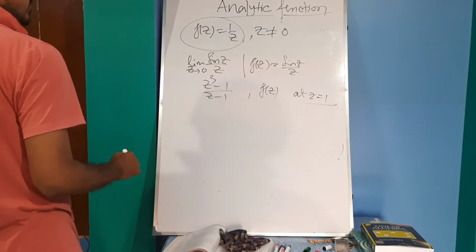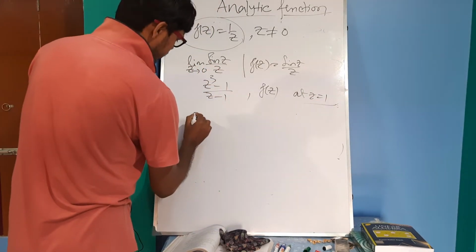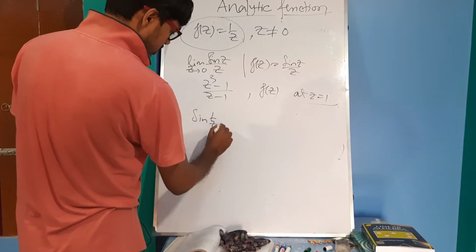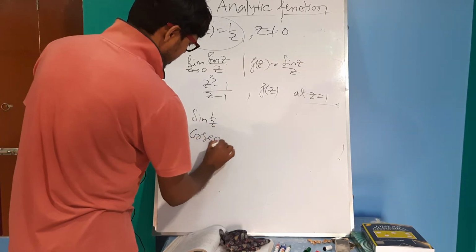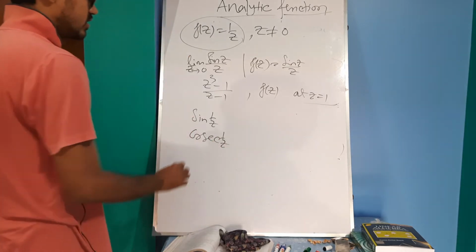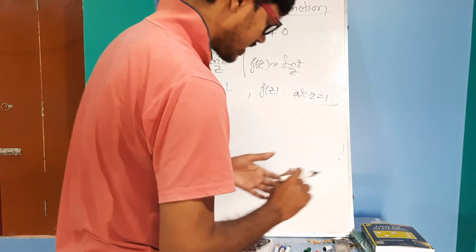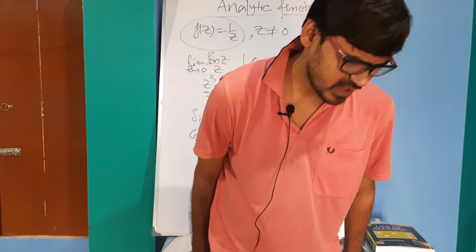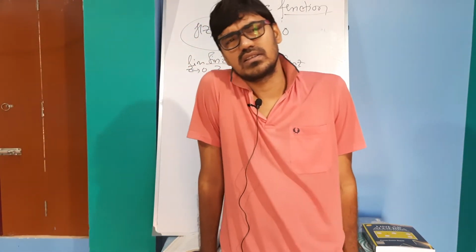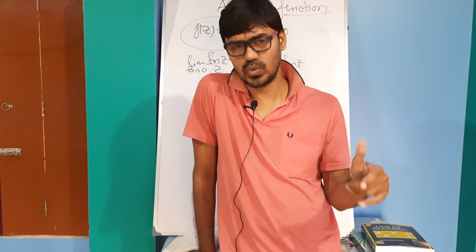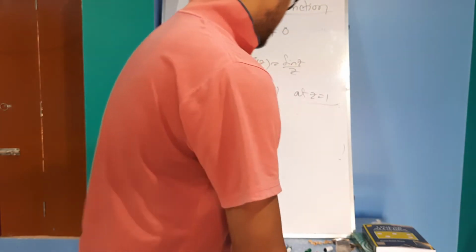What do you think? Now take another function, sine 1 by z. What about this? Take cosec 1 by z. What about this? So are these functions analytic? No, they are not analytic. But what about the singularity? That means the nature of the singularity, are they the same? So we are going to investigate here.